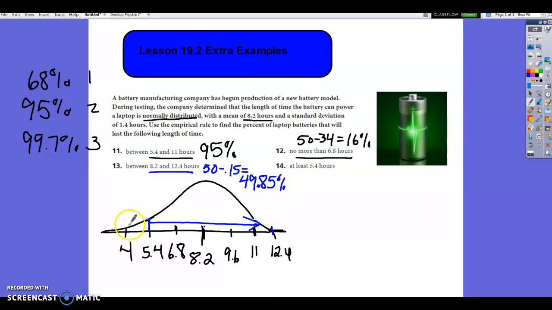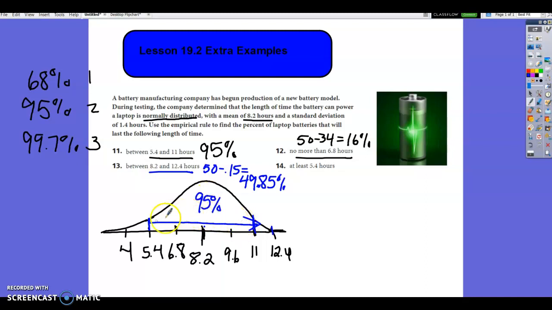So we know that like these middle ones are 95, and that means there's 2.5% here. So we've got to take off the 2.5%. So I know that, again, everything in 2 standard deviations is 95%, and I'm just playing with numbers here.